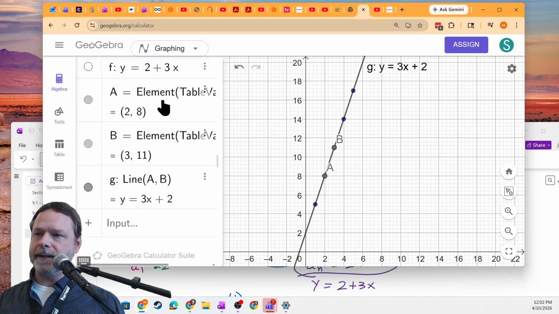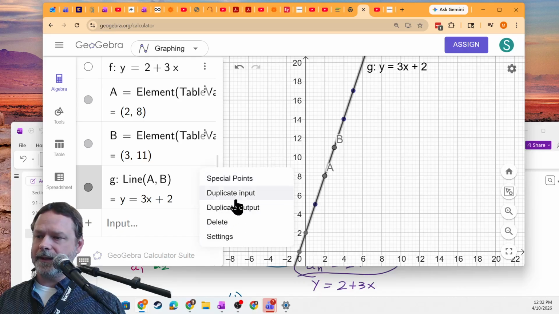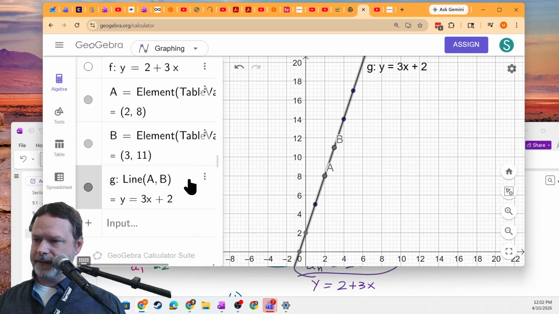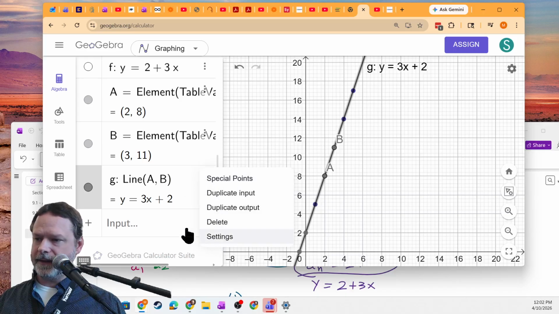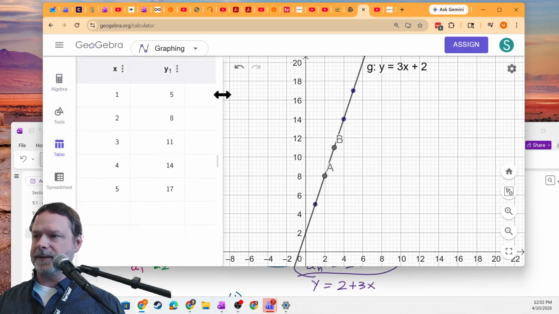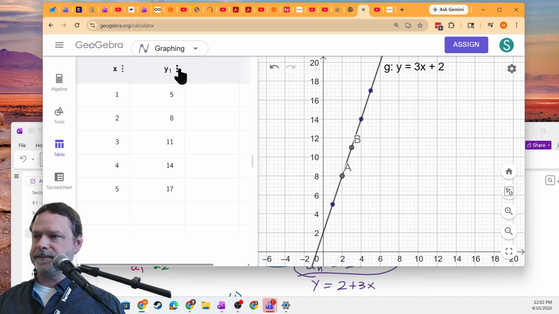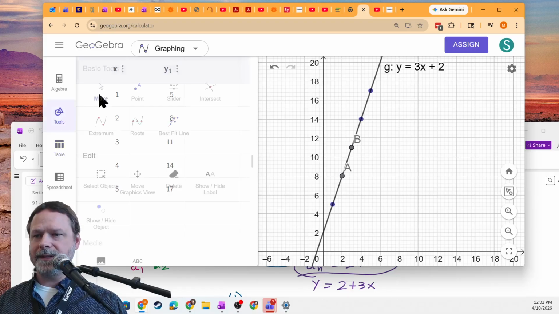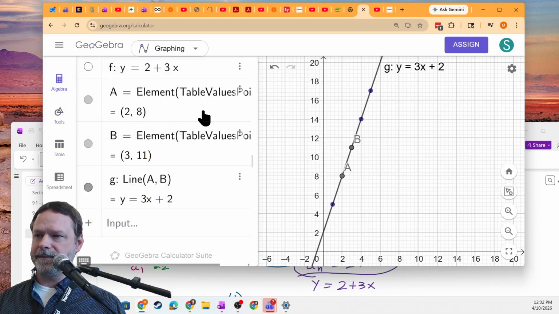Now that we got this line, if we have 3x plus 2, we can just type that in now.